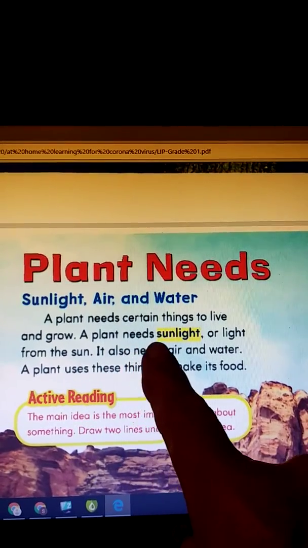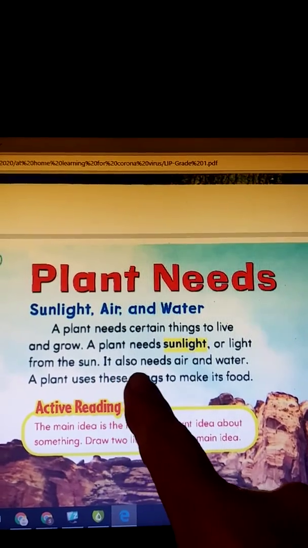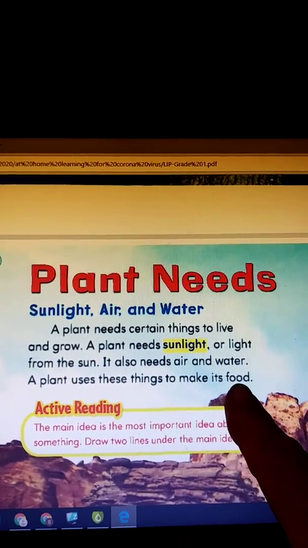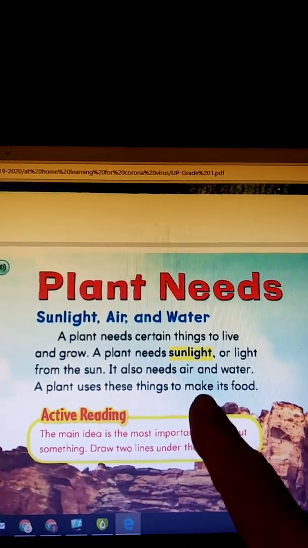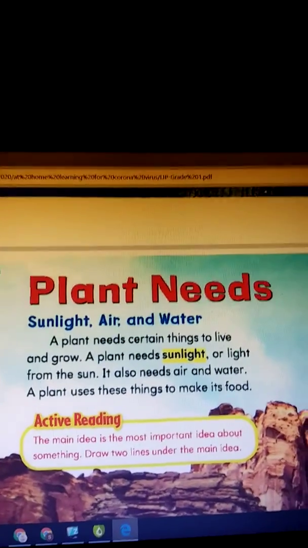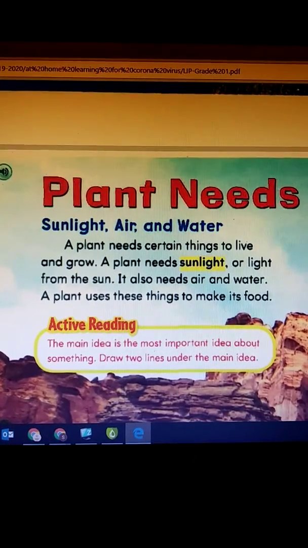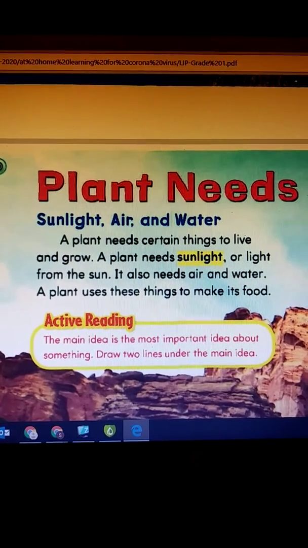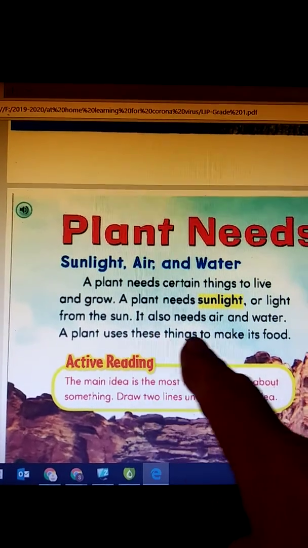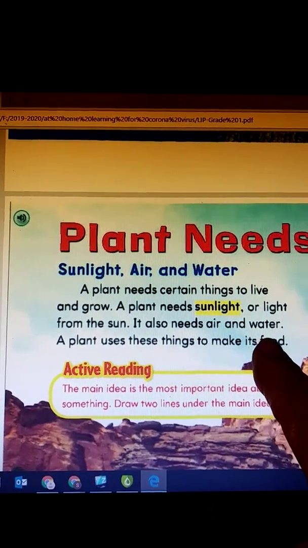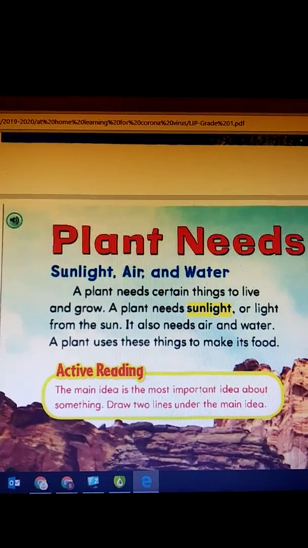A plant needs sunlight or light from the sun. It also needs air and water. A plant uses these things to make its food. So what are the 3 things that a plant needs in order to live and grow? That's right. Sunlight, air, and water. Those are the 3 things they must have in order to grow.